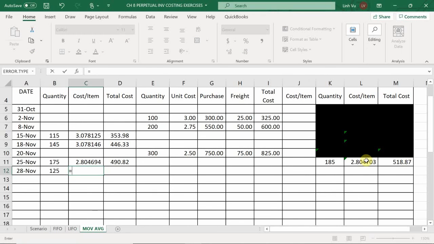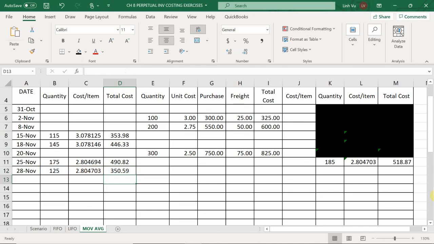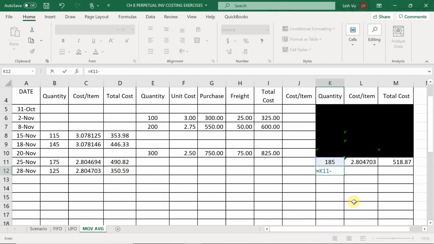So the 125, and then we sell that at 2.8047027, which is $350.59. Good. So we do the 185 minus the 125 gives us the 60 remaining.